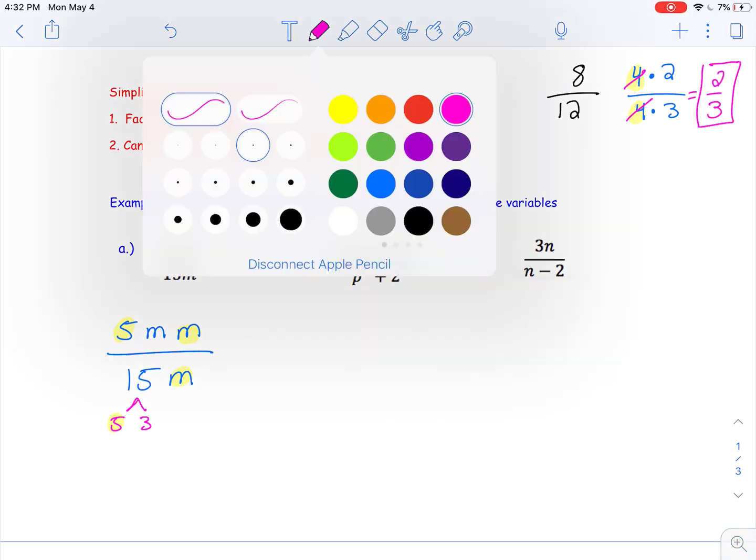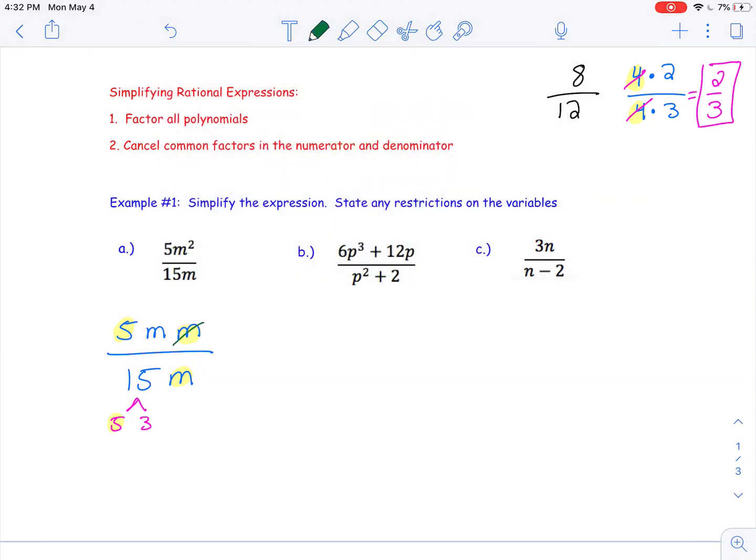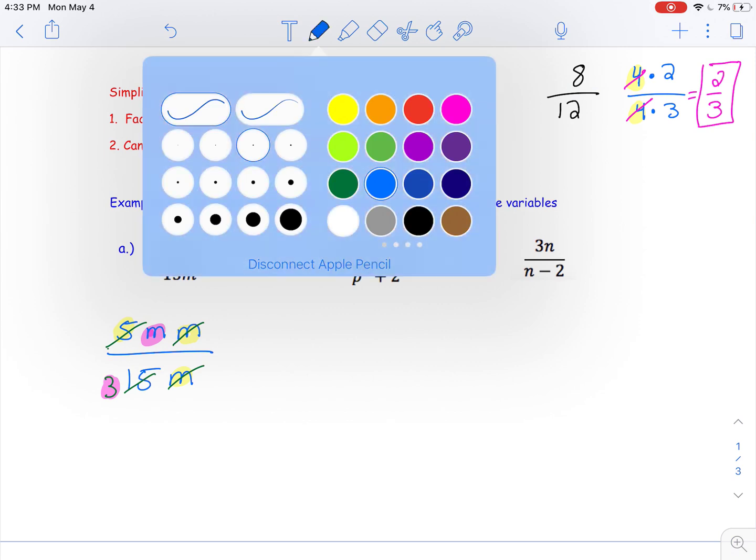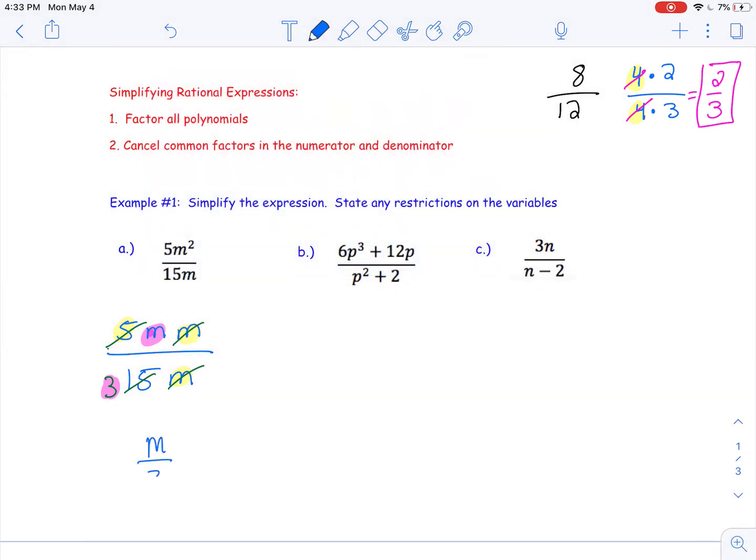So really what cancels out here? My m cancels, my 5 cancels, and leaves me with the 3 down here. 5 goes into 15 3 times. So what do I have left over? I have left over an m and a 3. So my final answer here is going to be m divided by 3.